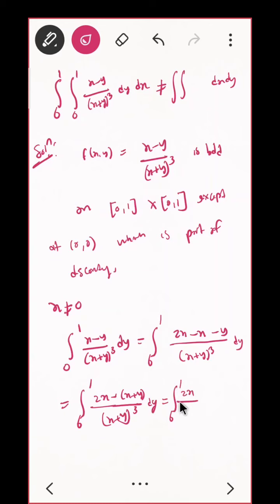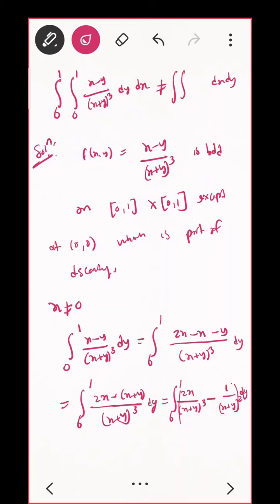That is 2x upon x plus y the whole cube, minus, x plus y will cancel, it will become only 1 upon x plus y the whole square. Are you solving it on your notebook? Yes, please do that. Just complete it and tell me.